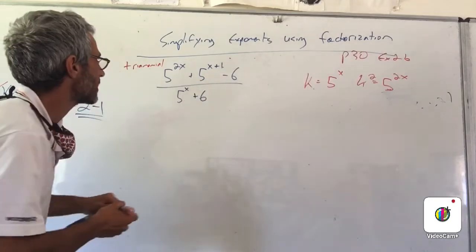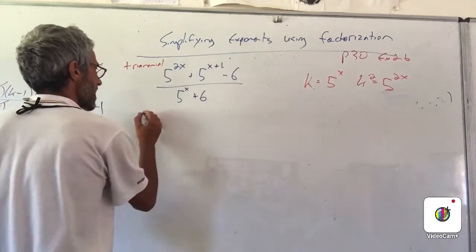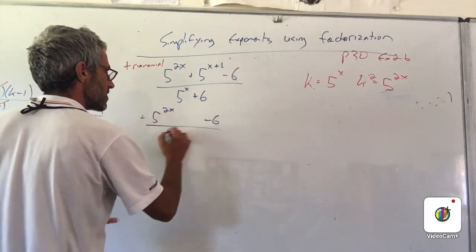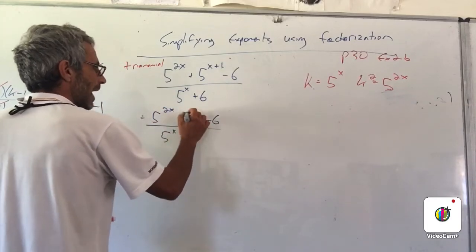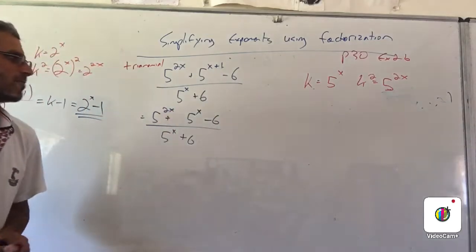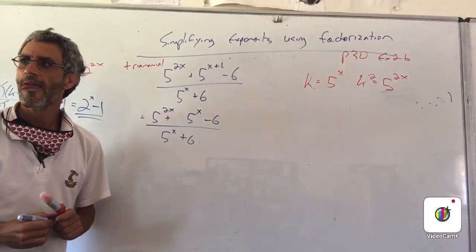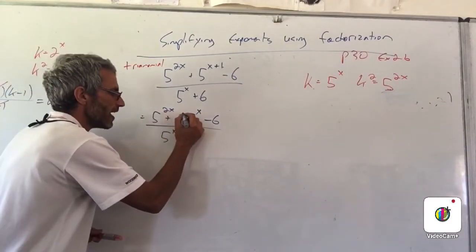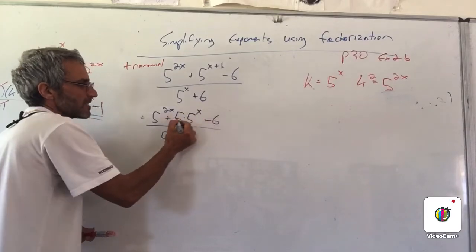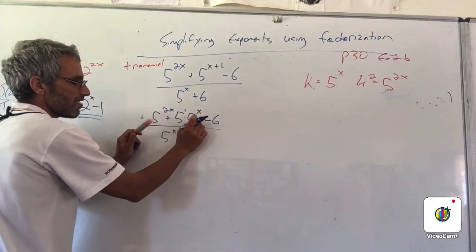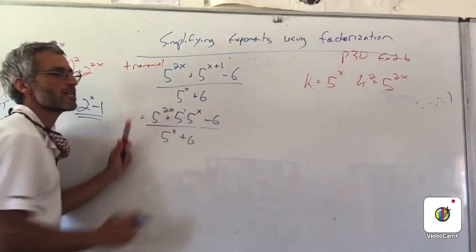Let me show you how we can get rid of it. Everything else will be the same; I'm not going to touch anything else. How do I turn this into something times 5 to the power of x? 5 to the power of x times 5. If I multiply 5 to the power of x by 5, meaning 5 to the power 1, then 5 times 5 to the power x is 5 to the power x plus 1.